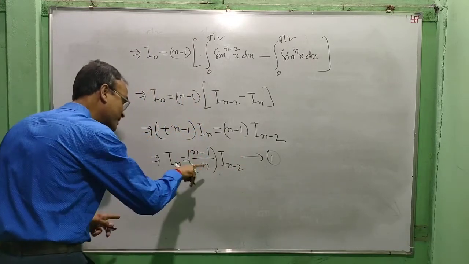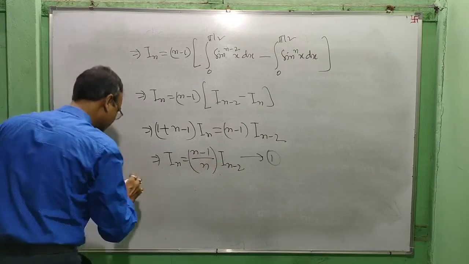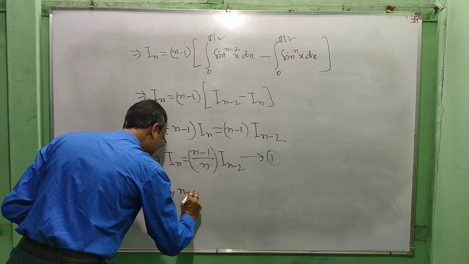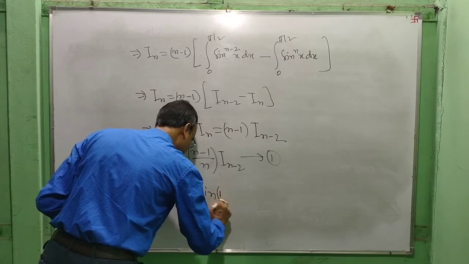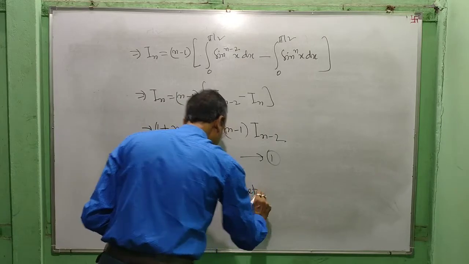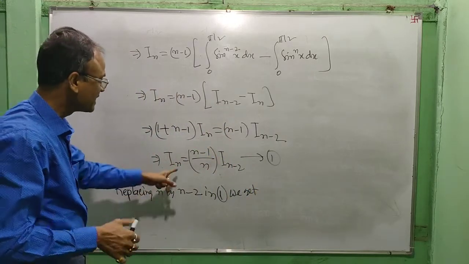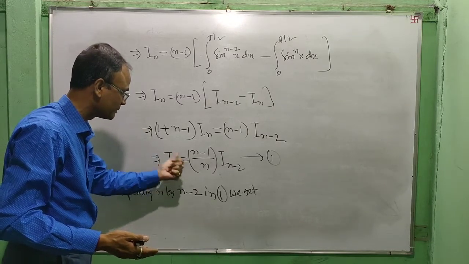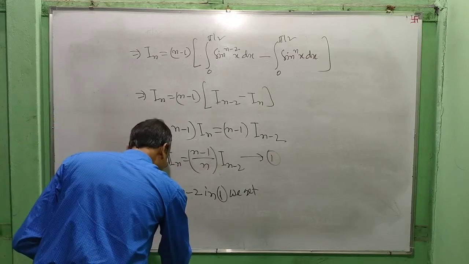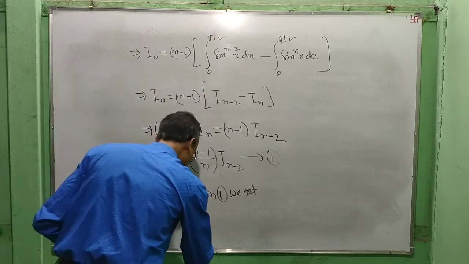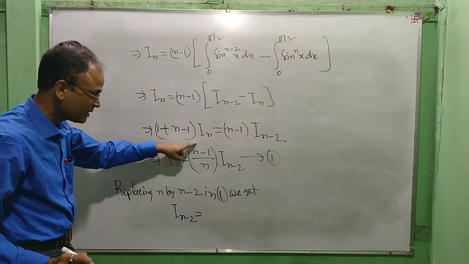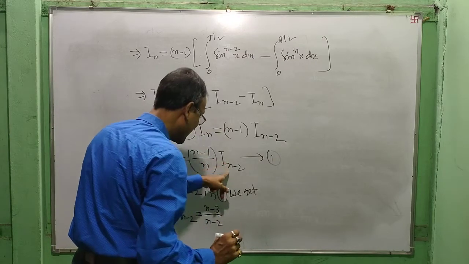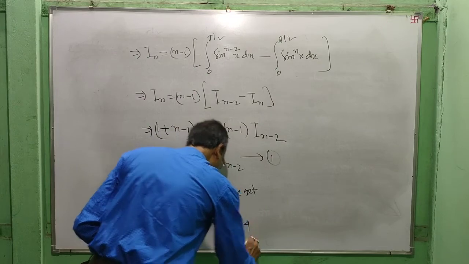Now replacing n by n minus 2 in 1, we get In minus 2 equals, put n equal to n minus 2, n minus 2 minus 1 will be equal to n minus 3, by n minus 2, In minus 4.